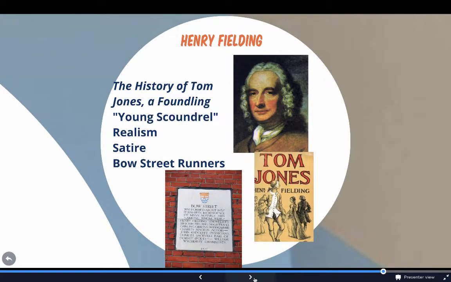Henry Fielding was probably one of your top known authors at this time. His big book was The History of Tom Jones, a Foundling, which is the story about the adventures of a young kind of scoundrel. But what was really important was the realism that it had here.